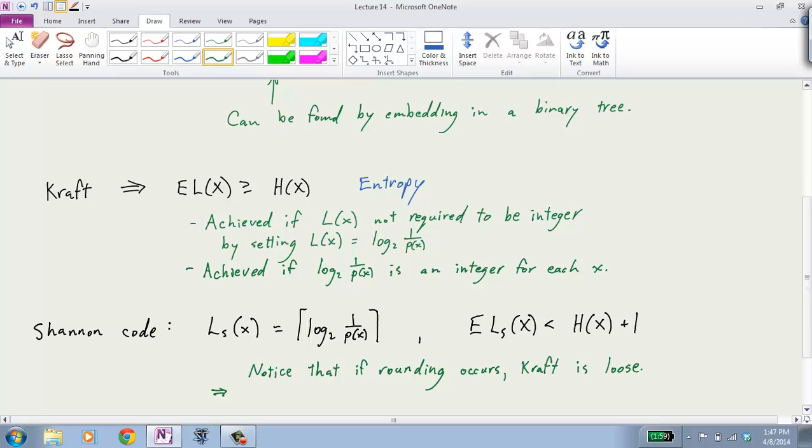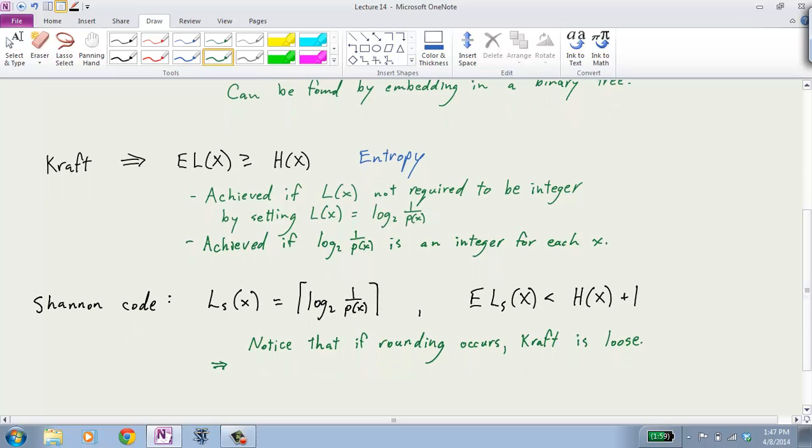So here we have this simple code, and we know it's not even optimal unless you're in that special case. It is optimal if and only if these are all integers. Then it happens to be optimal.